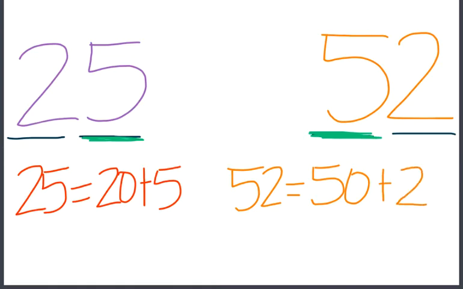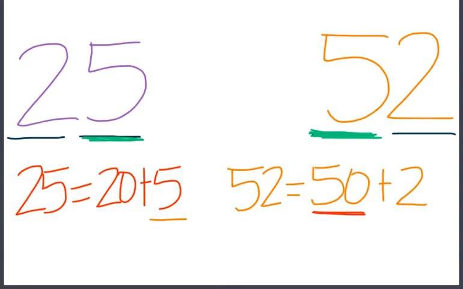We have the 50 and 5. The 5s in each number, their value is completely different. This 5 in 52 is worth 50, and we can see it written out right here.